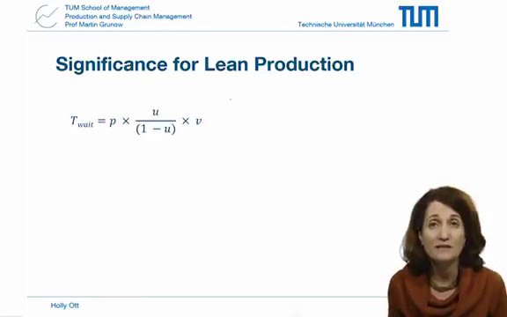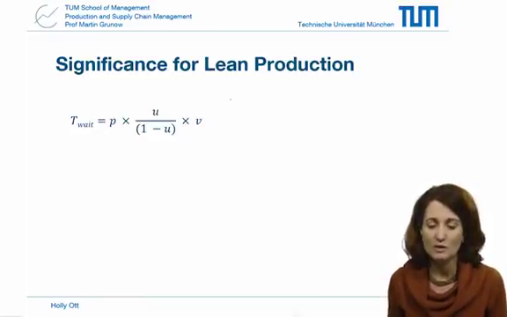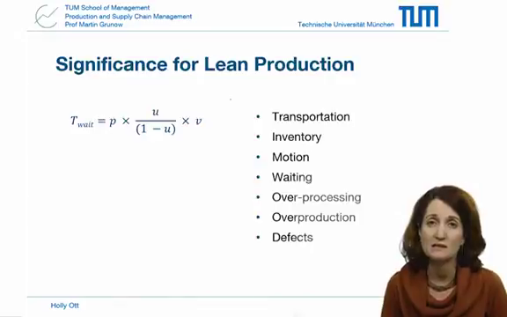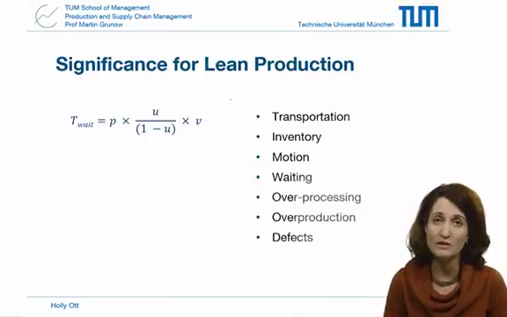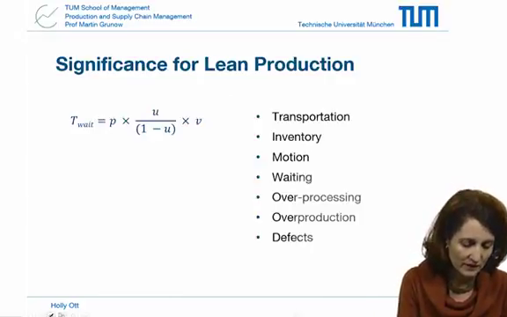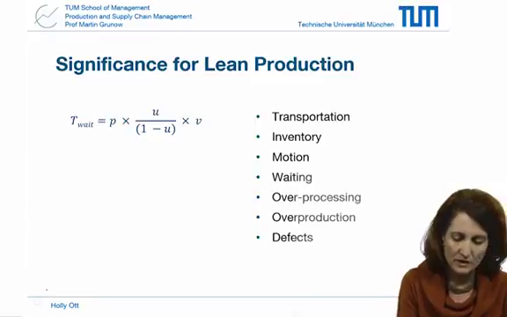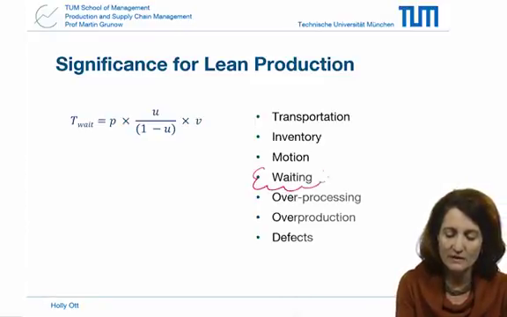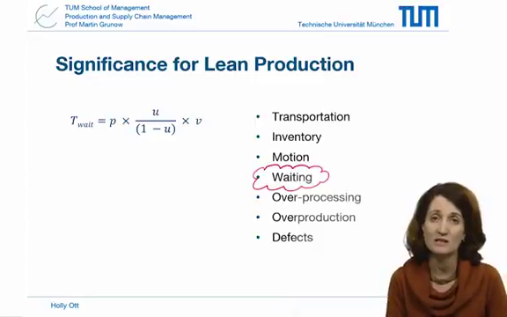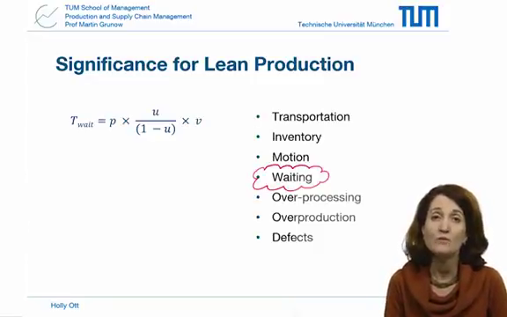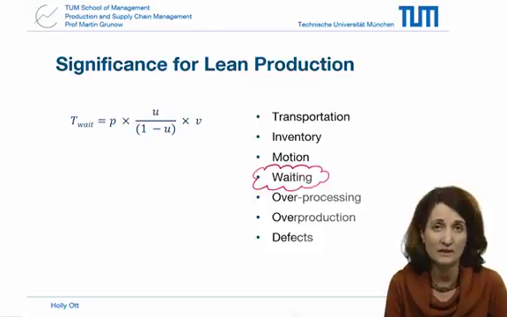And what is the significance then on lean production? Well, again, we can look at these 7 wastes, and we understand now that waiting is one of the most important wastes, because even if we have enough capacity in our system, waiting will occur in any real system which is subject to variability.